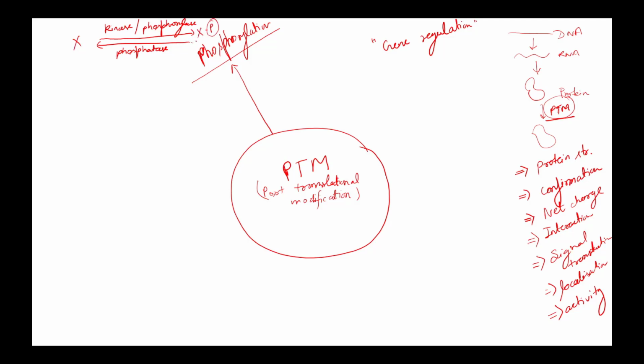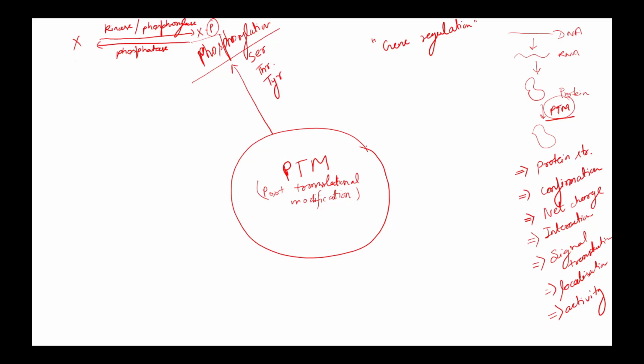Either the phosphorylated form is active and the non-phosphorylated form is inactive, or the non-phosphorylated form is active and the phosphorylated form is inactive. So that is the regulation on different kinds of proteins. Phosphorylation takes place on the amino acid residues serine and threonine mainly, and tyrosine.